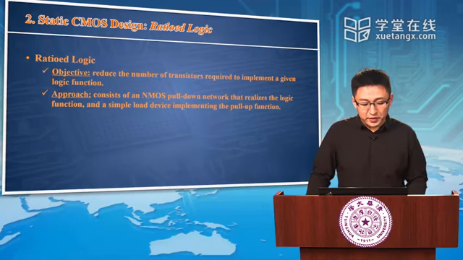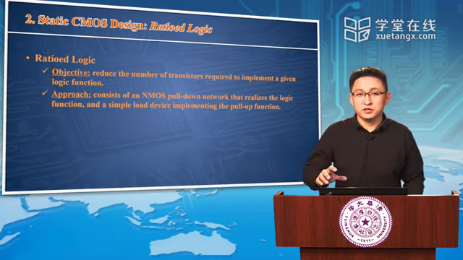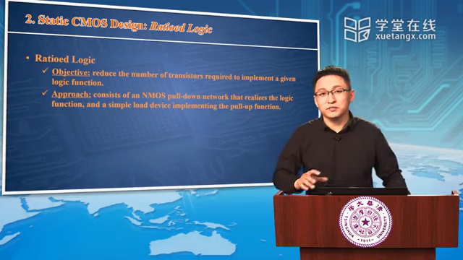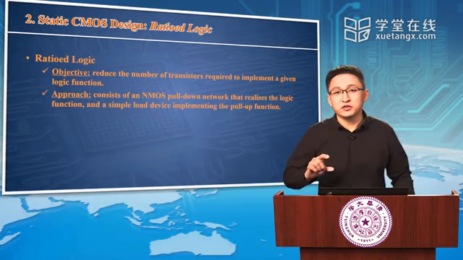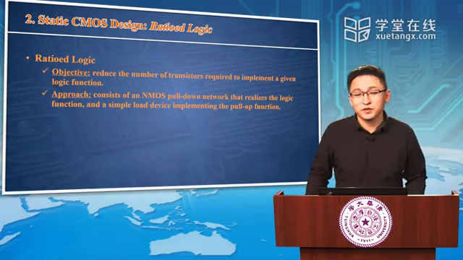The good thing is that it can reduce the number of transistors from 2 times n to n plus 1, because we have n NMOS transistors in the pull-down network and 1 transistor serving as the load device. So totally we have n plus 1 transistors.